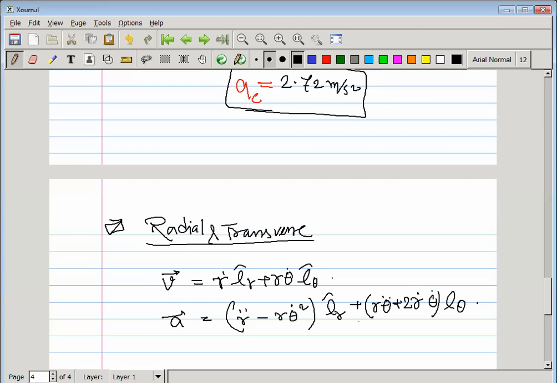These two things we already discussed in the previous class. So these are the formulas to find the radial and transverse components of any velocity and acceleration. So today we shall start one numerical problem based on this.